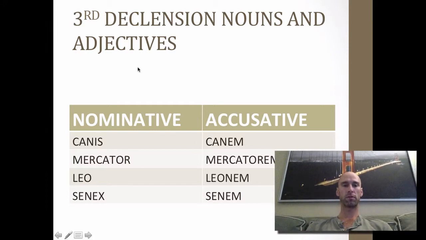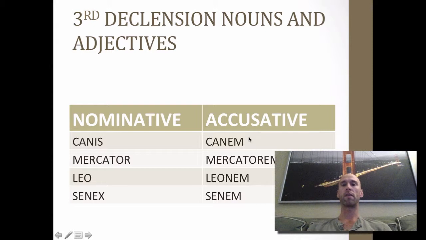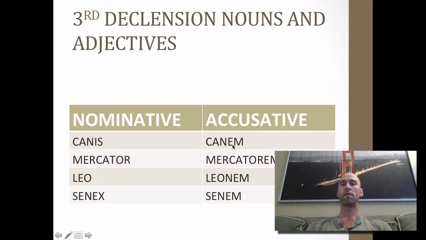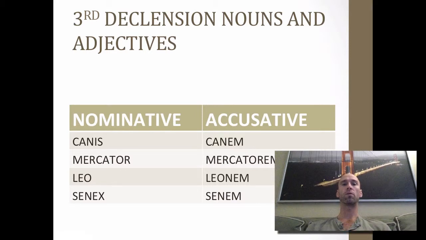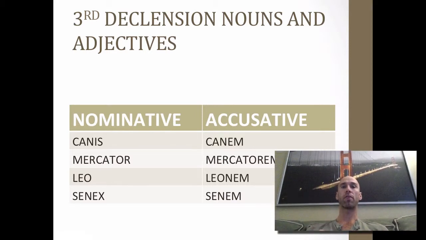And the accusative of these ends in em. So it doesn't end in am as the first declension did, and it doesn't end in um as the second declension did. It's going to end in em. So that is a way in which you'll determine that these are third declension.